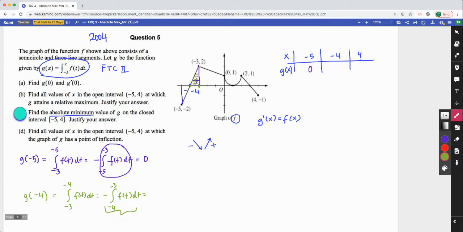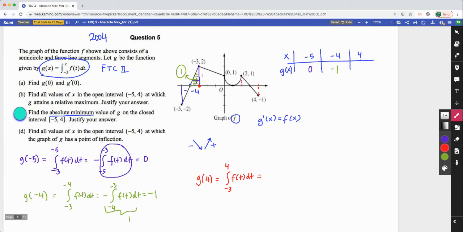So it's going to be 2 times 1 divided by 2, which is just 1, and -1 right here. So let's go ahead and find the last one, g of 4. So it's going to be from -3 to 4. So the boundaries are perfectly ordered, so I don't have to apply any property. -3 to 4 right here.